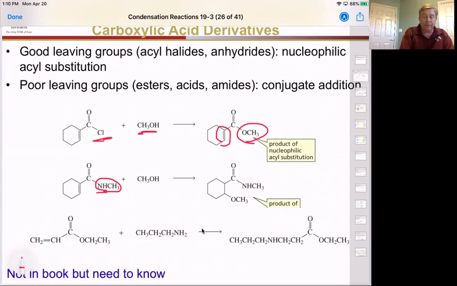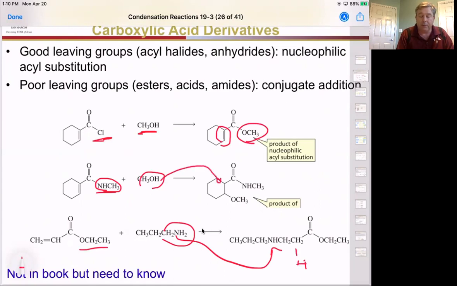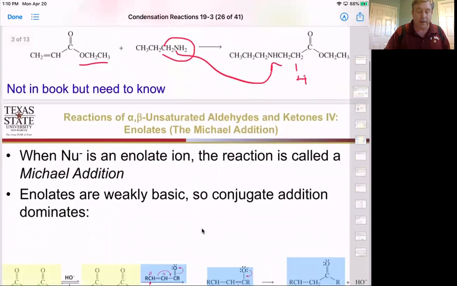So in the example of the amide or the ester here, we have the incoming nucleophile acting on it to give us our addition across the double bond, our hydrogen, of course, going on to the alpha carbon and the nucleophile ending up on our beta carbon here. Okay, so using this kind of knowledge, let's continue on and do some other reactions we have.